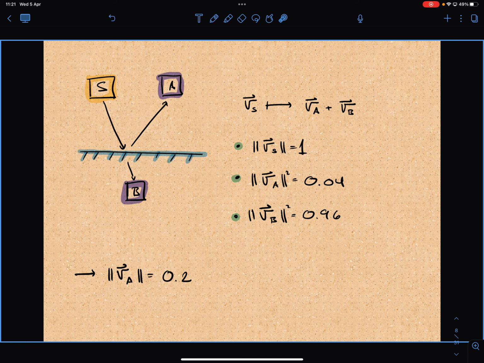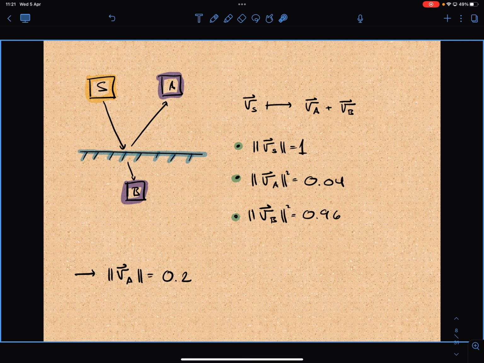And then when we get to detector A, it's 4%. So the length squared is going to be 0.04, and the length of the vector at A is 0.2. And the length of the vector at B is the square root of 96.